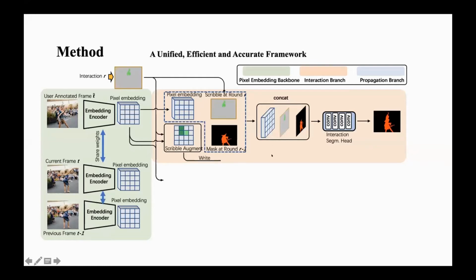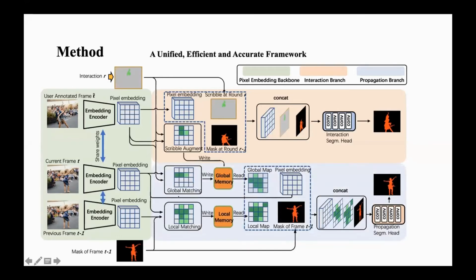We take the concatenated feature as the input and use the interaction segmentation head with 4 convolutional layers to predict the mask.